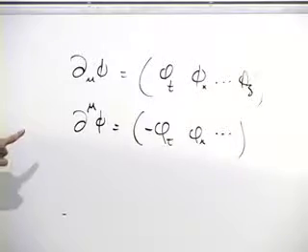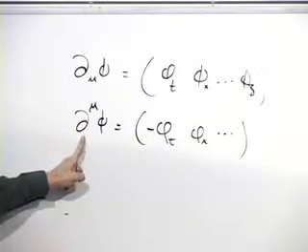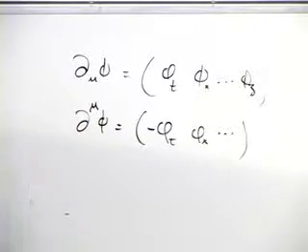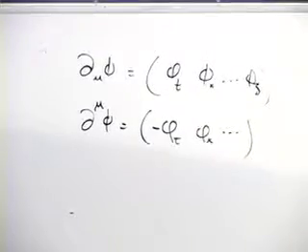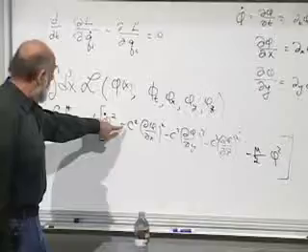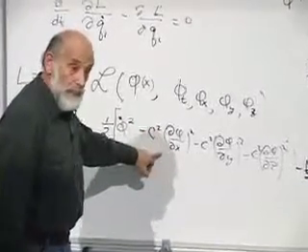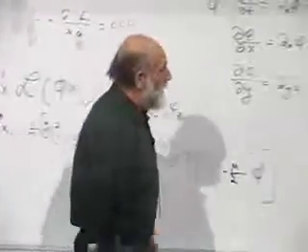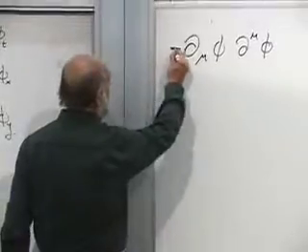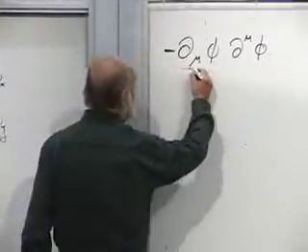Then when I multiply the contravariant derivative times the covariant derivative, it gives me something with a time derivative squared having the opposite sign from the space derivatives. In fact, I think I want to put a minus sign in here, and a 2.